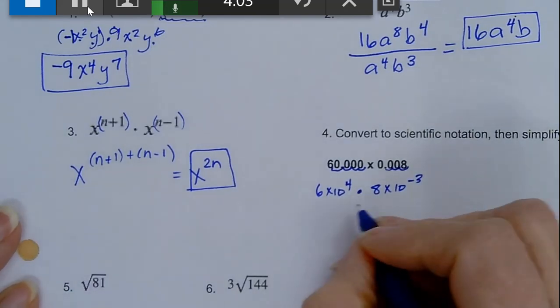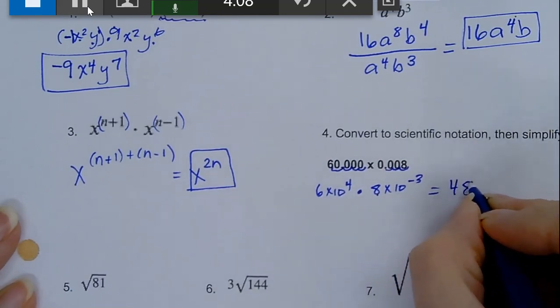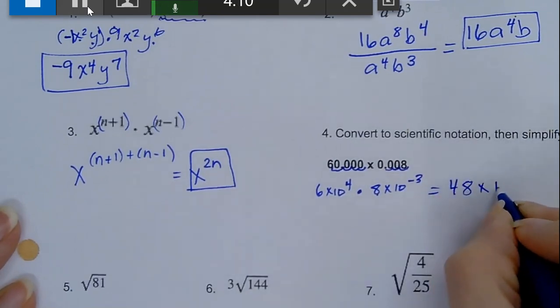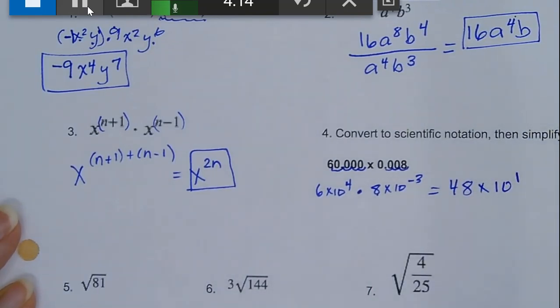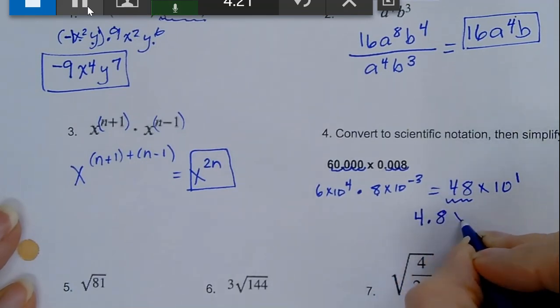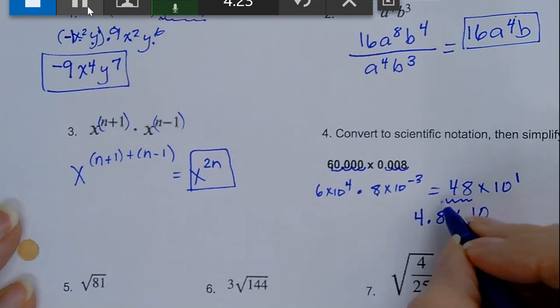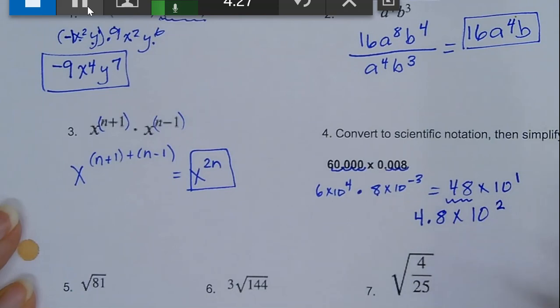When I'm doing scientific notation, I'm going to multiply my initial numbers. 6 times 8 is 48. And I'm going to keep my base, so times 10 to the 4 minus 3 is just 1. Okay, that is not in scientific notation, though, because that's 48. So I want it to be 4.8 times 10 to the, I'm going to add 1, so it's going to be times 10 to the 2nd power.